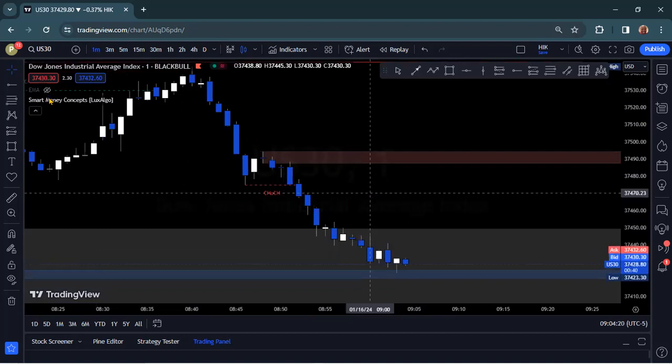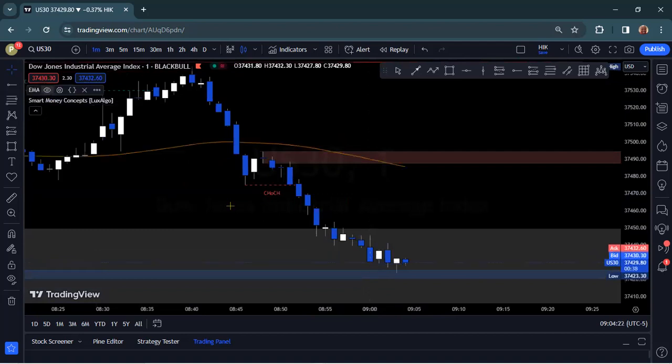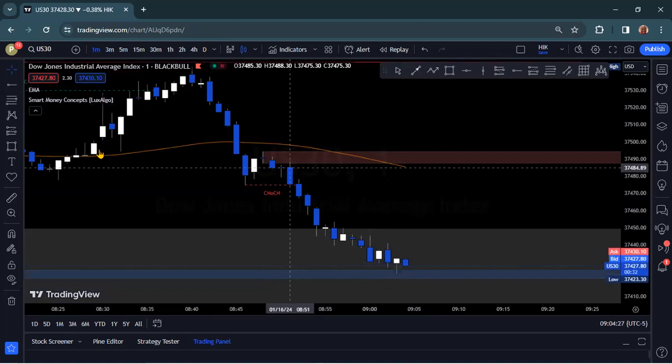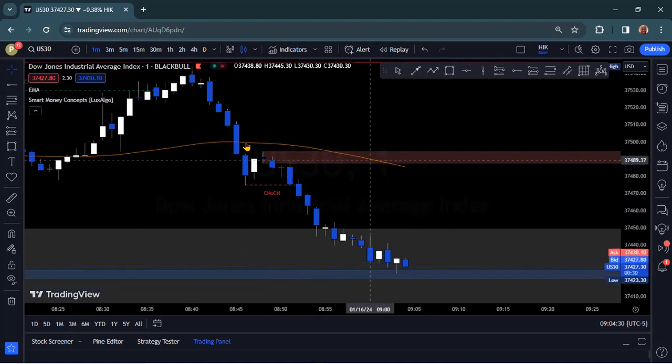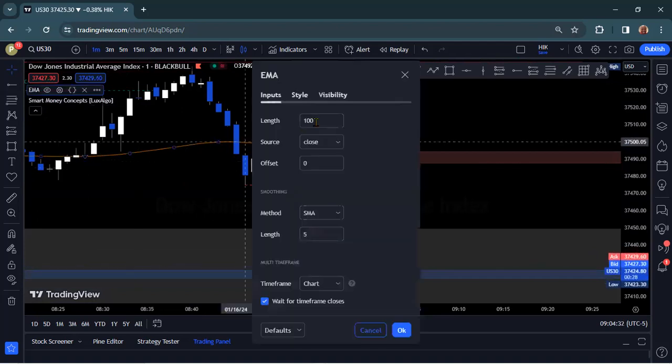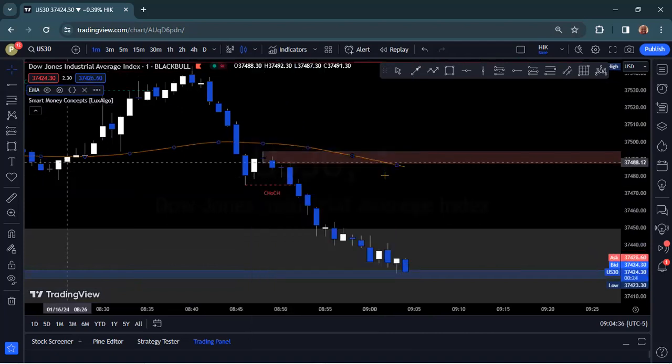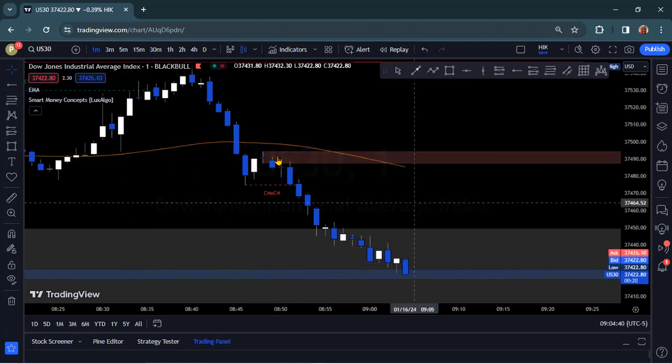So the EMA, if I put it on here as well, we're below. That's why you have everything going lower, because it's below the 100 EMA. Make sure that says 100. Yes, 100 EMA. And that's another tool that gives me some confluence that I put on my chart.